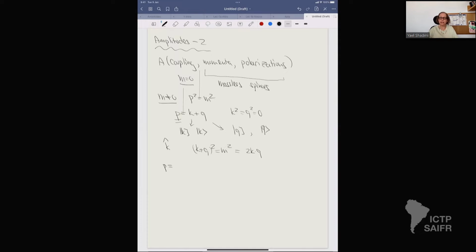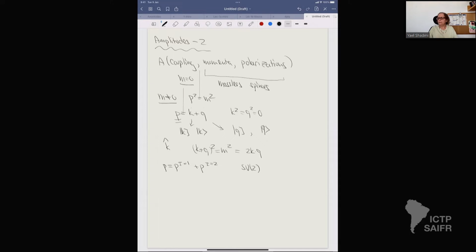We have two light-like vectors, and we're going to label them with an index that runs over 1 and 2. So I'm going to write P as P with I equals 1 plus P with I equals 2. So I have a new index taking two values, and so there's a new SU(2) that's involved here. This SU(2) essentially rotates the I equals 1 vector into the I equals 2 vector.